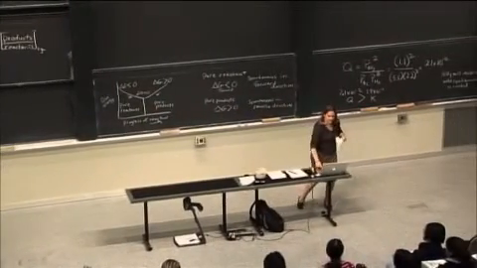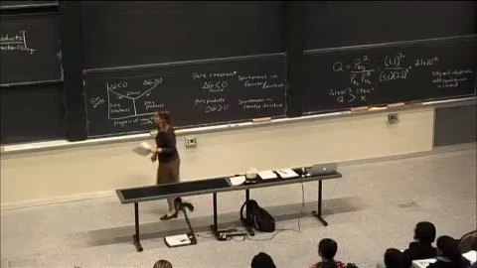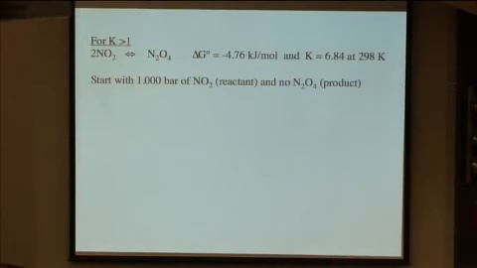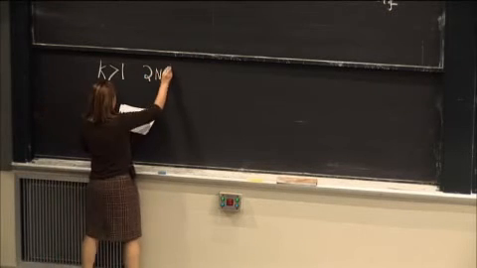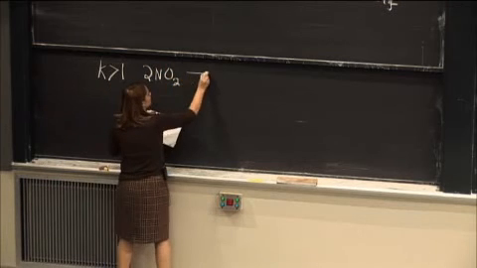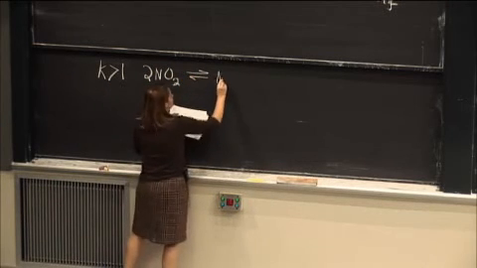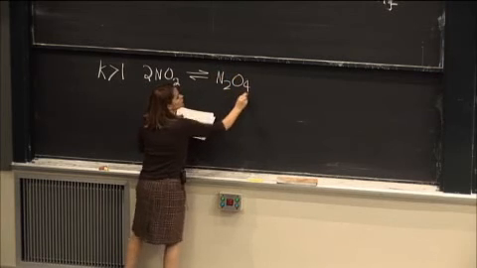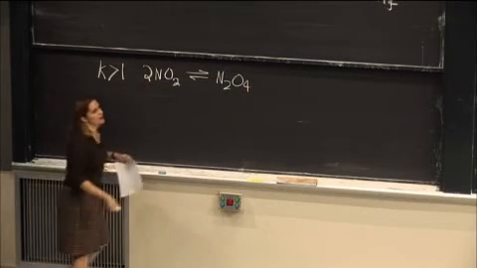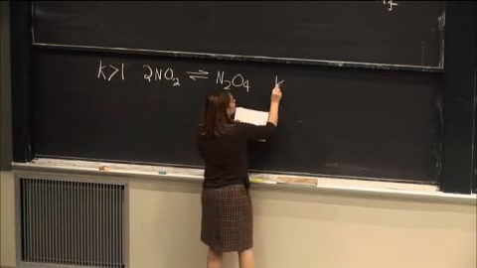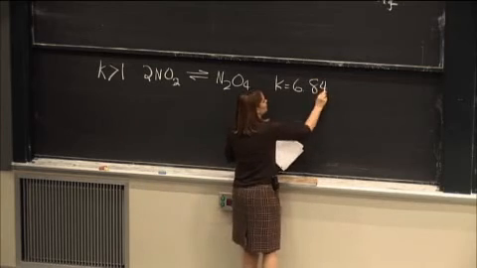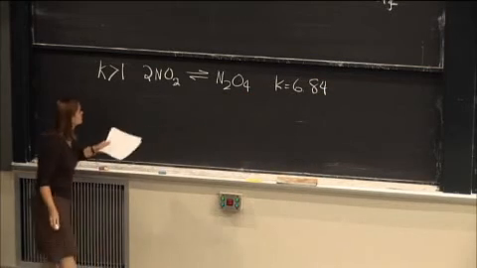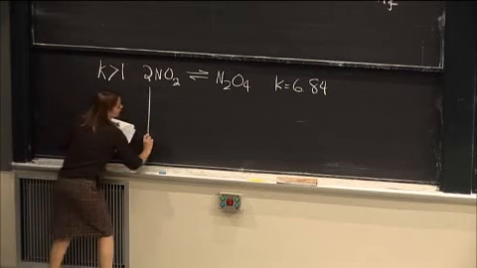All right, so let's look at an example of that. Let's look at when K is greater than 1. And I have the equation up there, and I'll write it here as well. So we have 2NO2 double arrows N2O4. So we have a K value here of 6.84. So that's greater than 1. So let's think about this reaction.